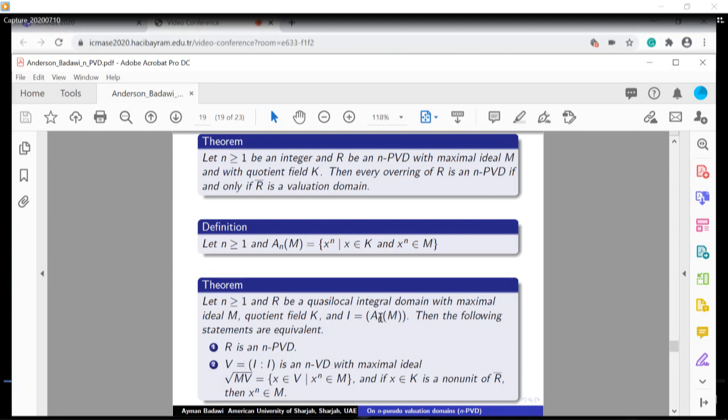If n equals 1, then I will be M, and we already know R is a pseudo valuation domain if and only if this is a valuation domain. So for n equal 1, this is known. But it turns out the known result is also true when you go to a bigger n.